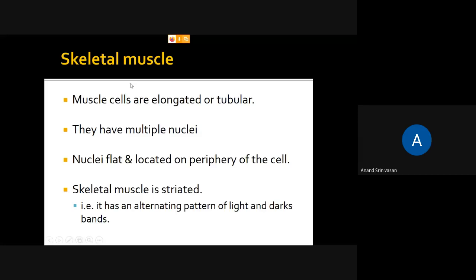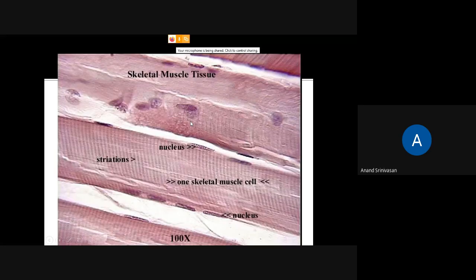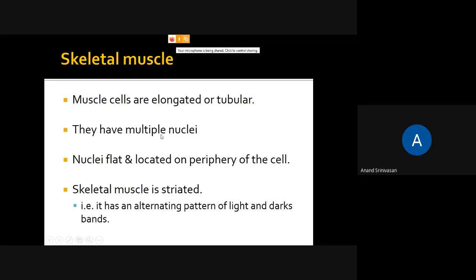The skeletal muscles are made up of muscle cells. They are long and tubular. I will show you the picture. So this is how it looks. They have multiple nuclei, many nuclei.